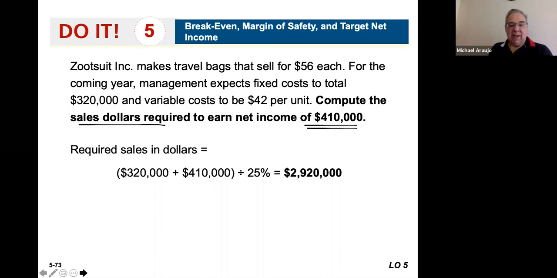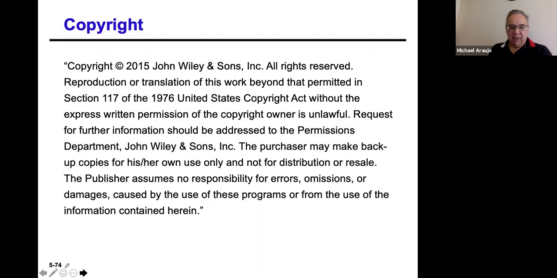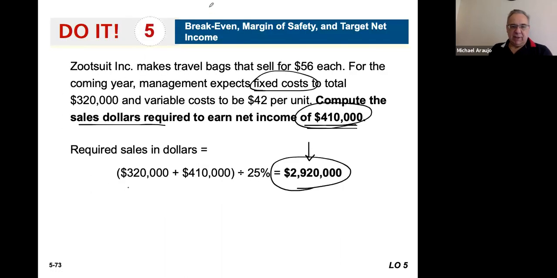In this case, you have the fixed costs plus the expected profit, and you divide that by the contribution margin ratio of 25%, which means that in order for this company to earn a profit of $410,000, they have to sell over $2.9 million worth of these travel bags. And that is the deal.